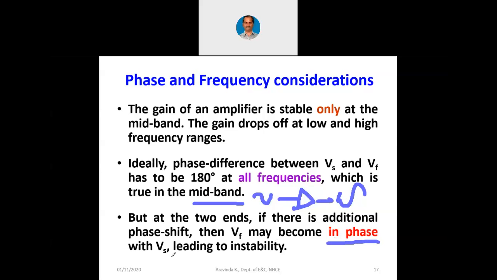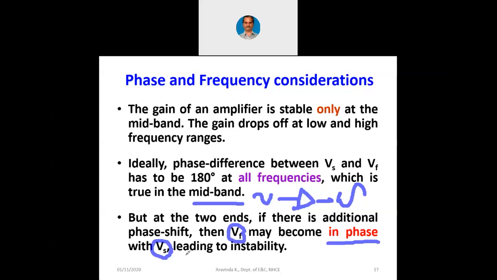In the sense, gain will keep on increasing because Vf and Vs will be in phase. Please recall, Vs and Vf are out of phase. Actually, Vi is Vs minus Vf. That is how we had discussed earlier. But if Vf and Vs are in phase, then the input voltage will become Vs plus Vf. That keeps on getting amplified by the amplifier, and the same voltage is fed back through the feedback network.